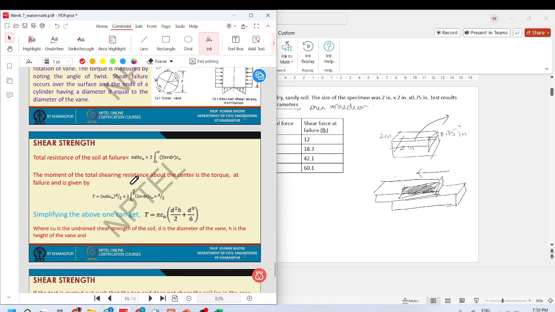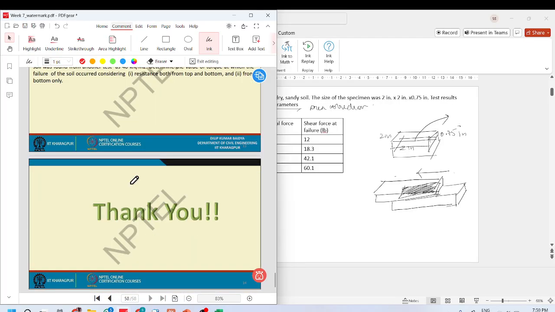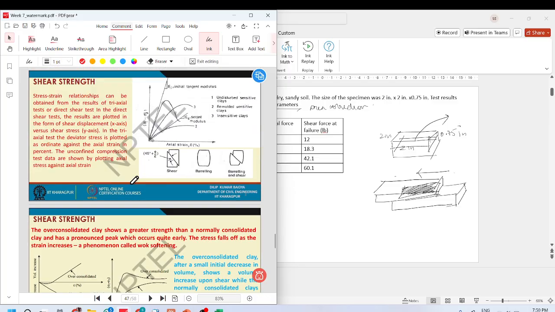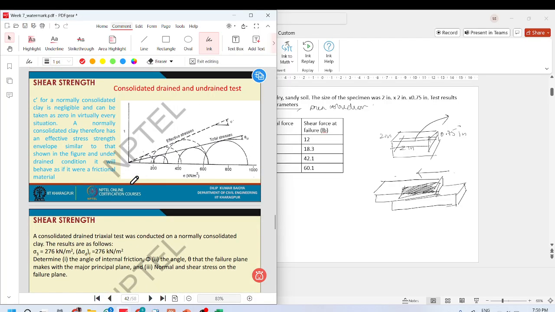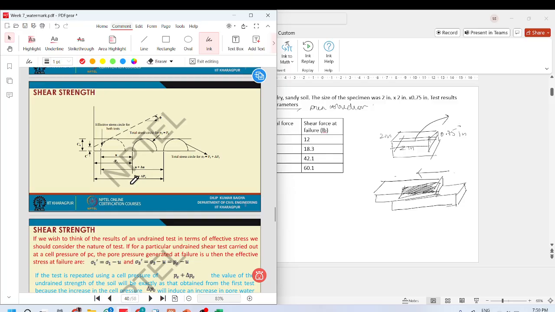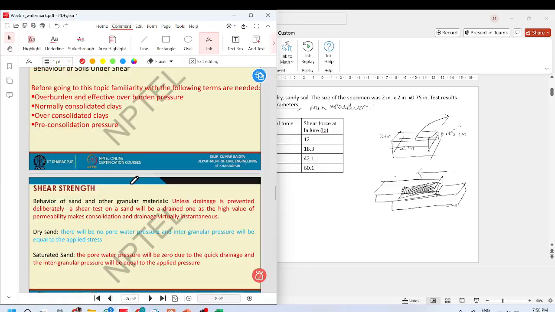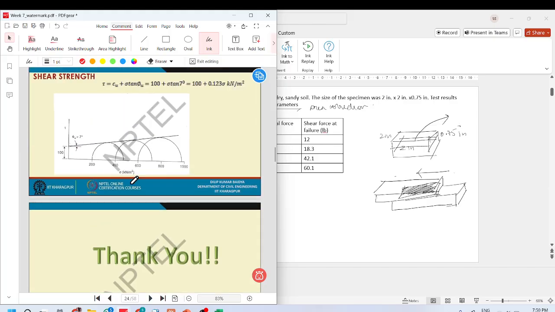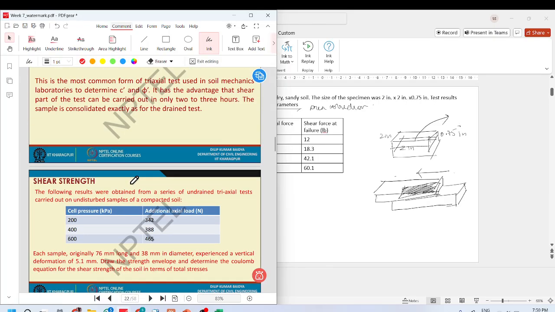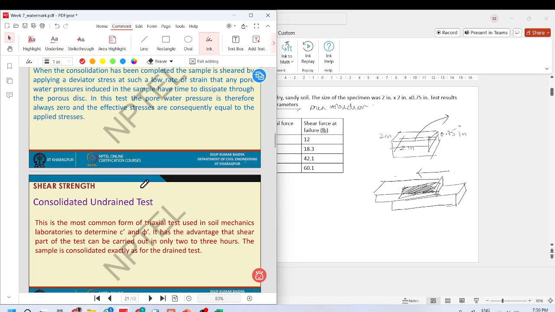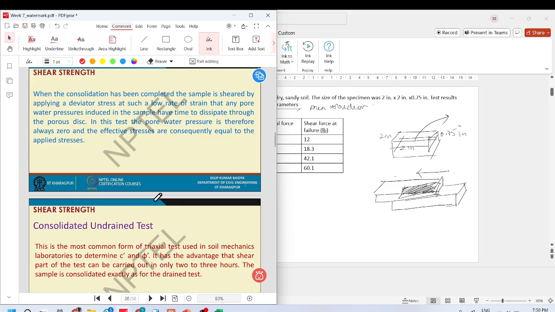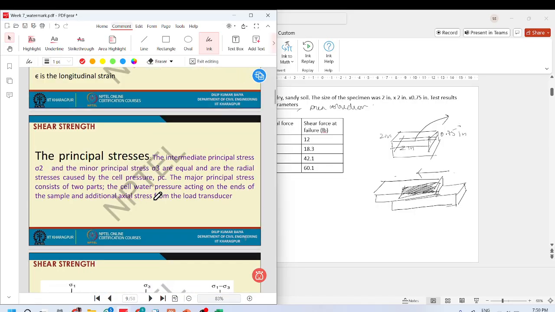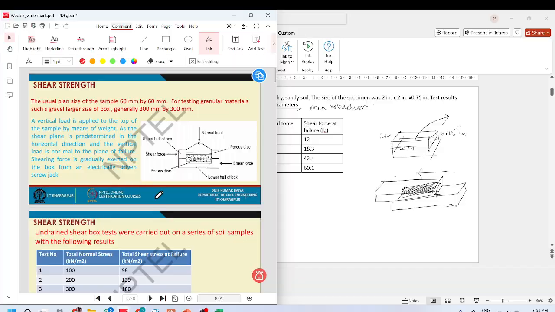Just saw it somewhere. Only in triaxial and UCS area correction is applied, madam. Sir, direct shear, we did not apply area correction. It's a different kind of area correction. The area correction for direct shear and triaxial is different. This is a bit different. Let me check.